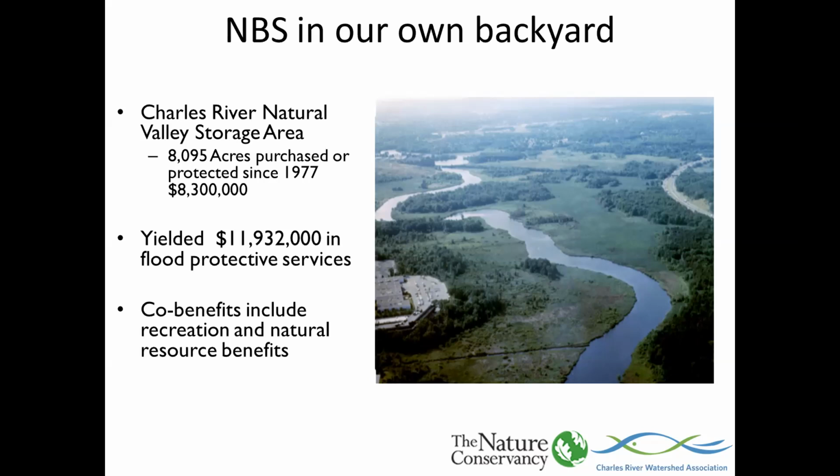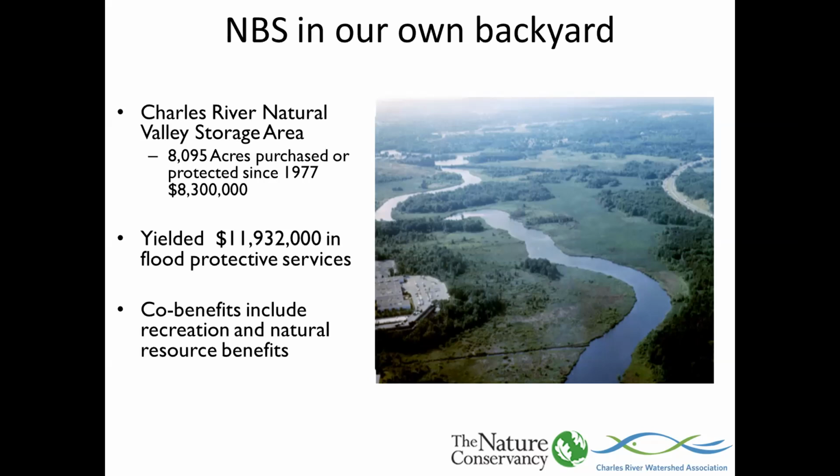And CRWA, one of its early victories as an organization, really pushed back on that plan and actually suggested to the Army Corps and some of the generals that were running it at the time that they look at preserving natural wetland areas as part of the flood control system for the Charles. And ultimately that is what they did.